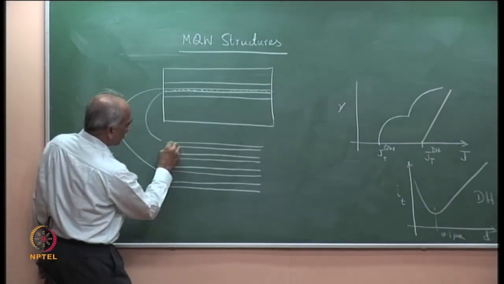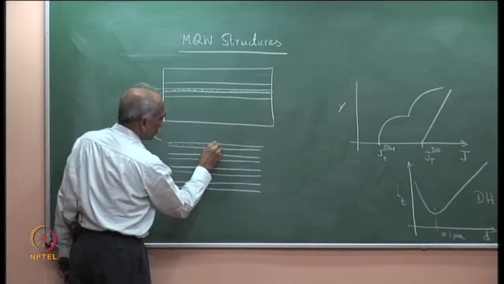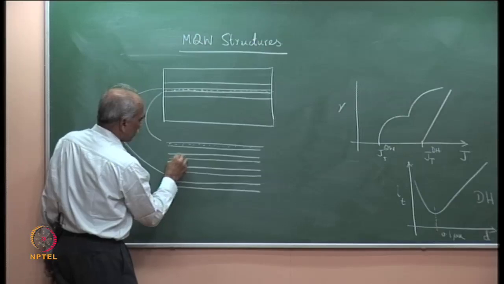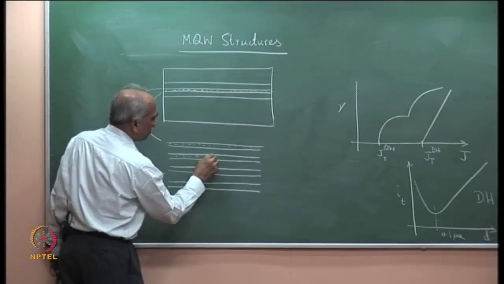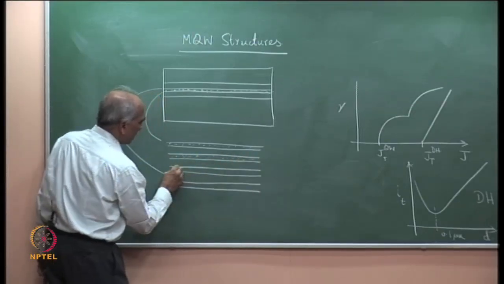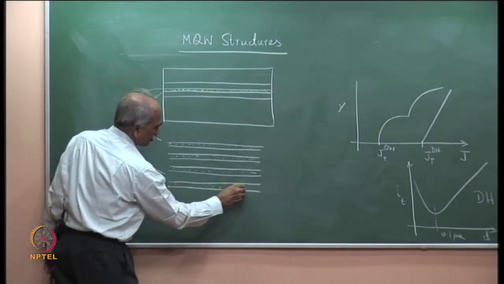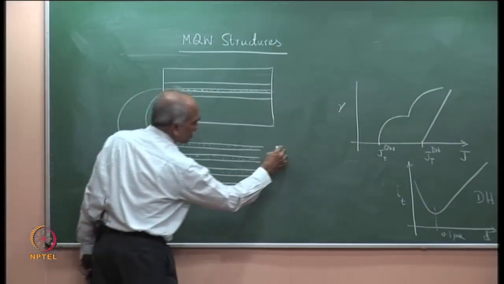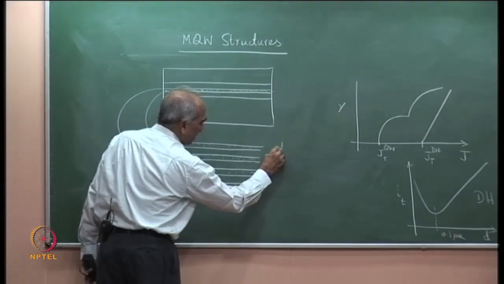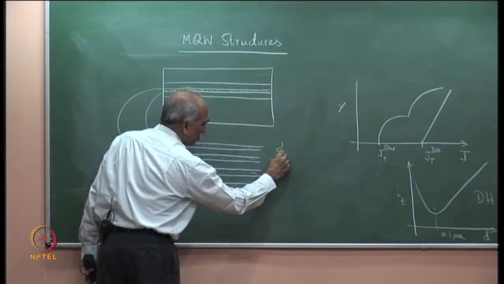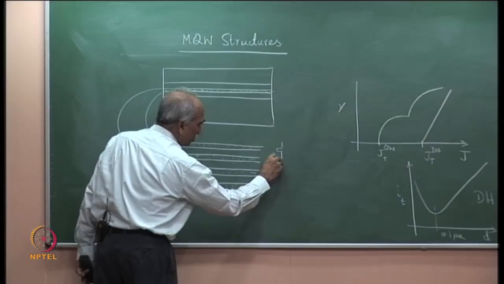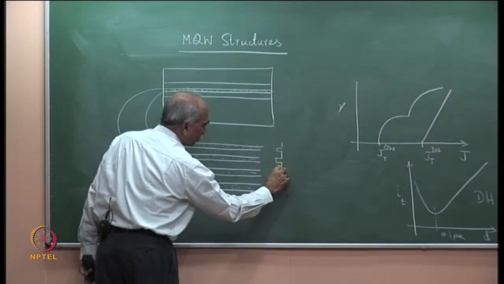MQW structure comprises of wells and barriers, potential wells and barriers. So, these are the active regions. So, if I draw the band diagram, it will be wells, barriers, well, identical, all of them identical.